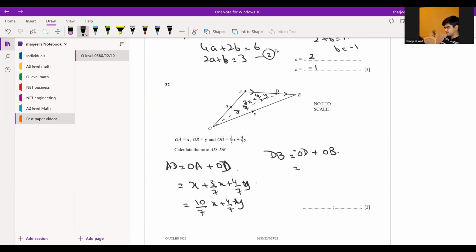And for DB, it will be minus 3 by 7 x minus 4 by 7 y plus y. This will be minus 3 by 7 x plus 3 by 7 y.